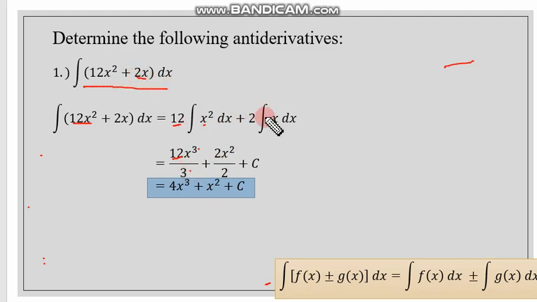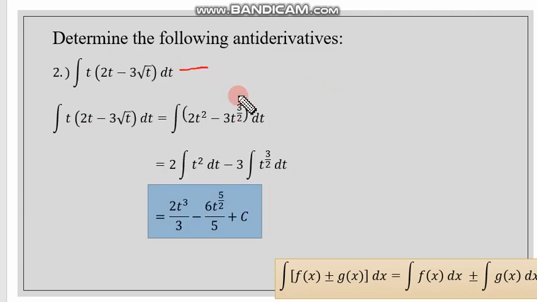And then the second part is 2 times the integral of x dx. The exponent here is 1, so 1 plus 1 is 2, and 1 plus 1 is 2 again in our denominator. So that's 2x squared all over 2 plus c. Don't forget the c again. So 12 divided by 3 is 4, so 4x cubed, plus 2 divided by 2 is 1, so x squared plus c. So this is the answer: 4x cubed plus x squared plus c.